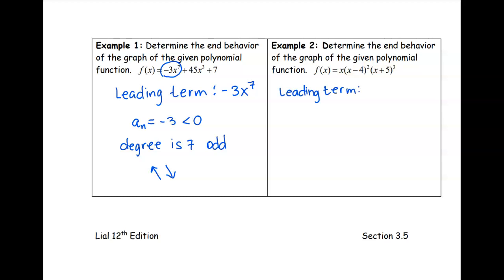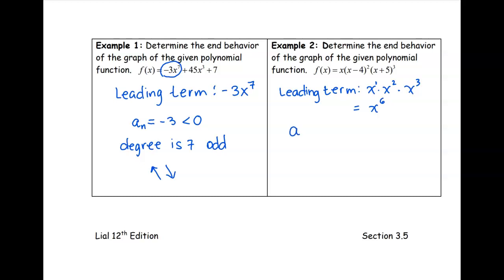And so the leading term would be x times x squared times x cubed, and that gives us x to the, there's a 1 here, 1 plus 2, that's 3, plus 3 is 6, x to the 6.